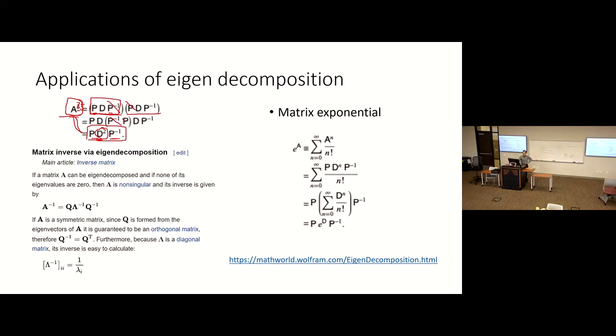But with this, you just compute the 25th power for D, which just contains individual values. It's very easy. So this decomposition allows you to compute the power of matrices in a much faster way. Okay, so that's the matrix exponents.